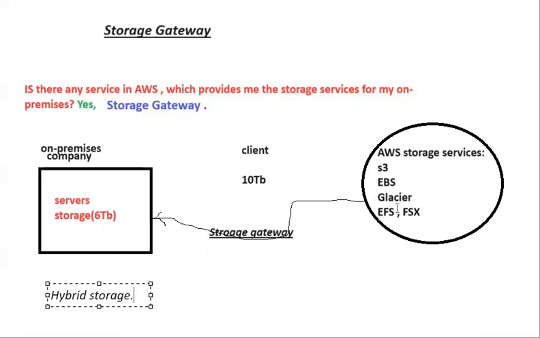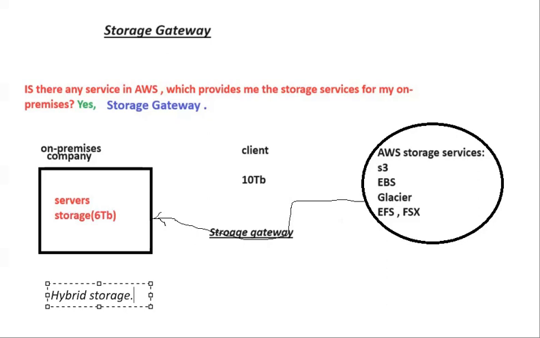By using Storage Gateway, you can use the storage services provided by AWS on your on-premises servers directly by mounting the storages.